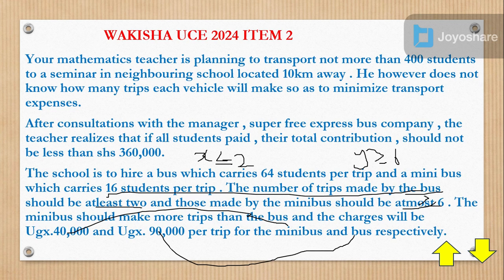That's what the word respectively means. And I know that per trip money spent is that, so therefore we shall say that 40,000 X for the bus.